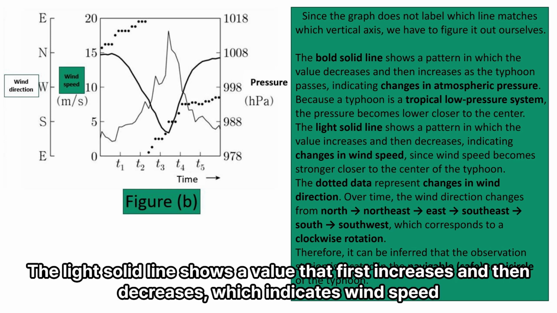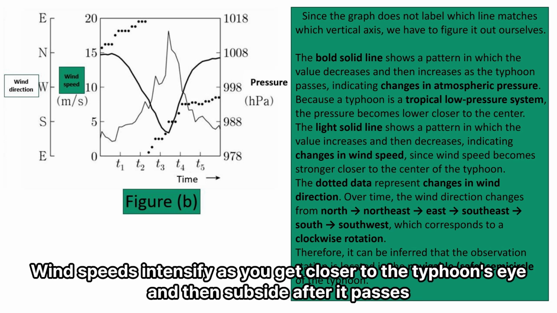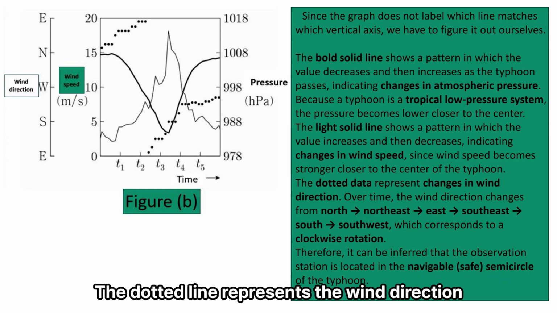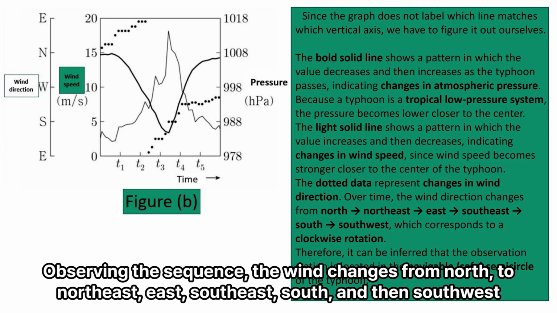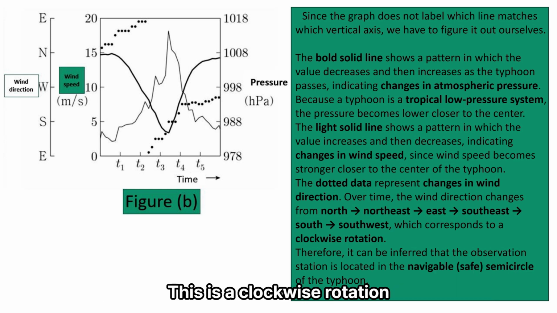The light solid line shows a value that first increases and then decreases, which indicates wind speed. Wind speeds intensify as you get closer to the typhoon's eye and then subside after it passes. The dotted line represents the wind direction. Observing the sequence, the wind changes from north to northeast, east, southeast, south, and then southwest. This is a clockwise rotation.